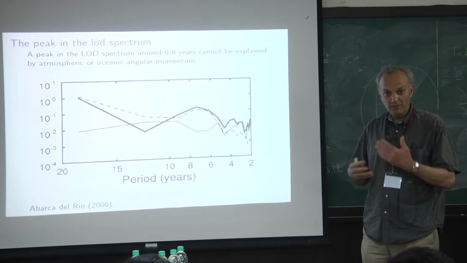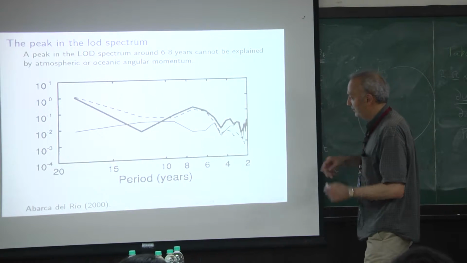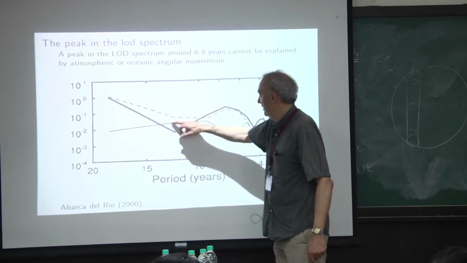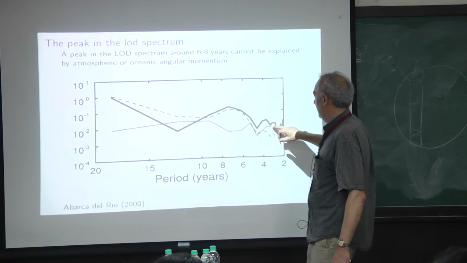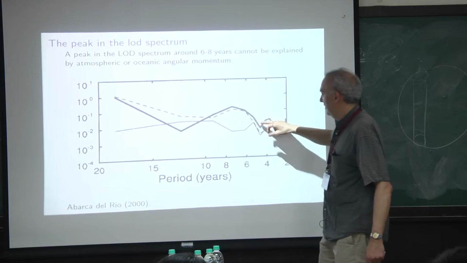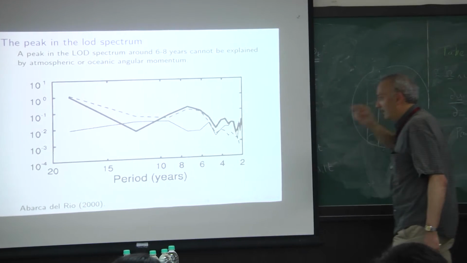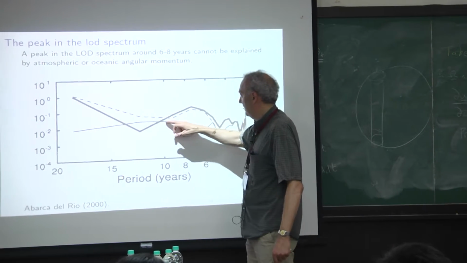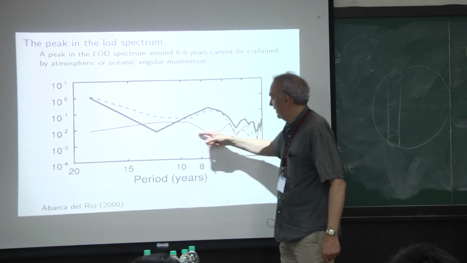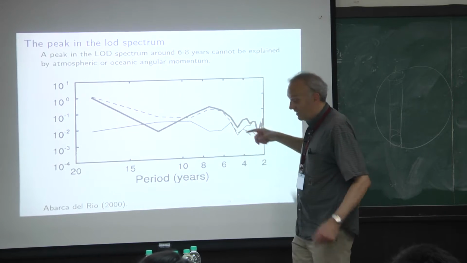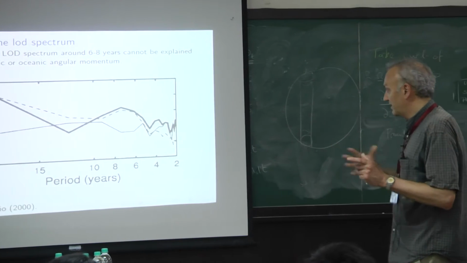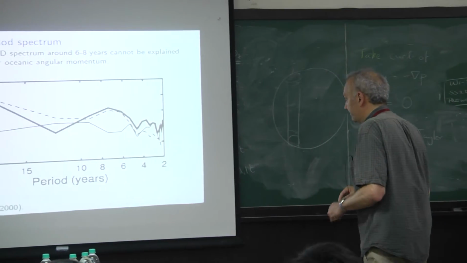We can actually work out what the angular momentum in the atmosphere and oceans is. And this line here is the angular momentum in the atmosphere and oceans, and they don't show any peak. It doesn't show any peak in this wave band, and indeed this peak in the length of day spectrum is thought again to be the result of the angular momentum exchange with the core.